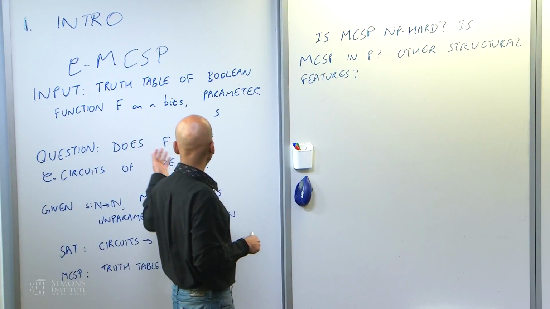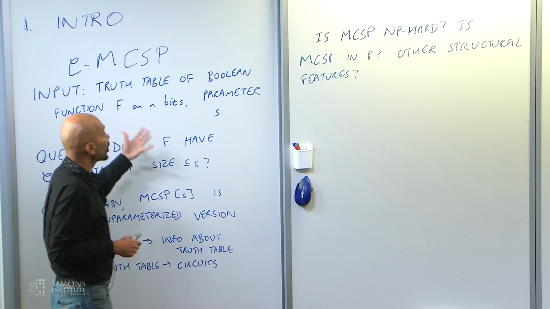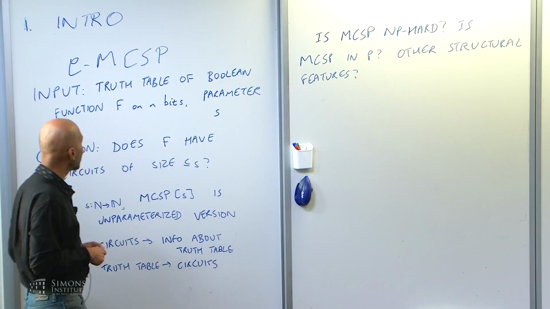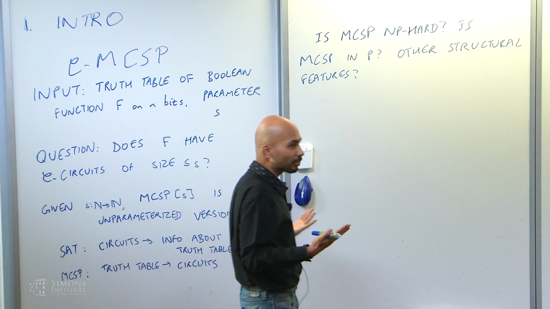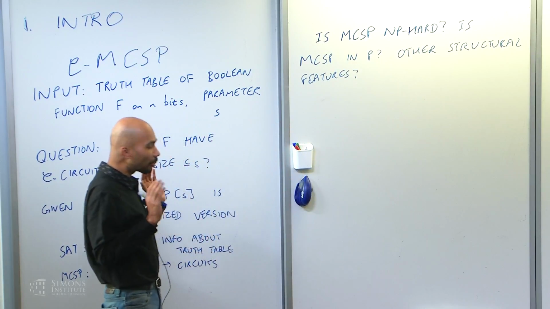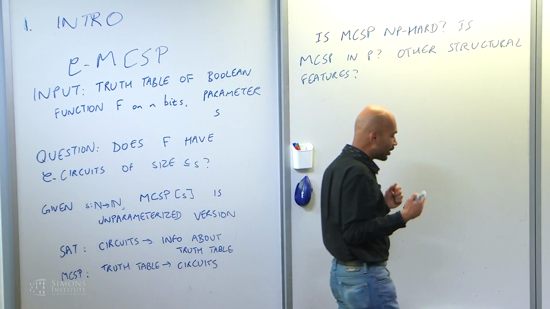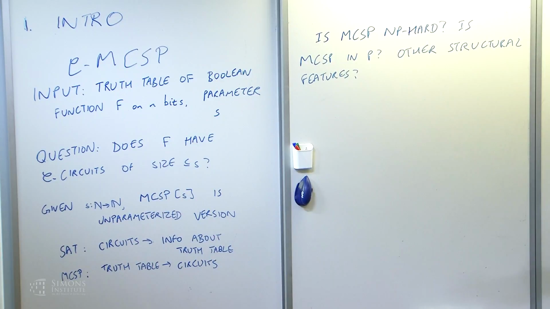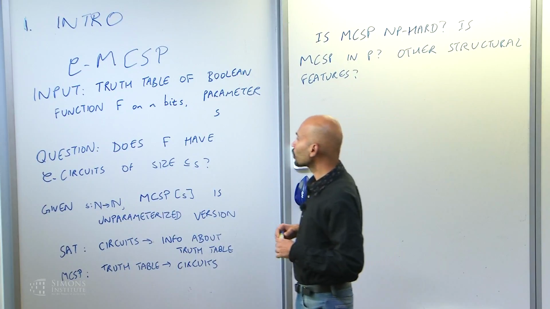There's a very natural object which witnesses that F has a circuit of size at most S, namely the circuit itself. So given F, you could ask to find a circuit of size at most S. That's the search version. In some cases, we'll be interested in an approximate version of this, where we relax the requirement that we ask for the precise circuit computing the function, and are happy with it computing the function on most inputs.